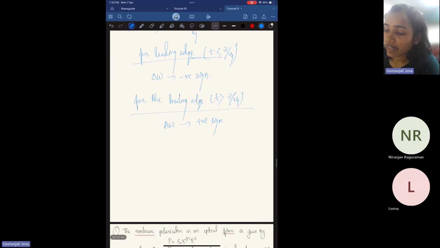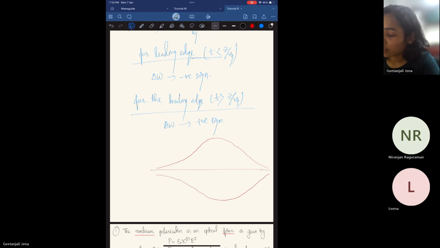So delta omega is negative means, as I have said before, if it is an envelope of the pulse that is propagating inside the nonlinear medium, then when delta omega is negative, the frequency will decrease. So that is why we'll see a decrease in the frequency.